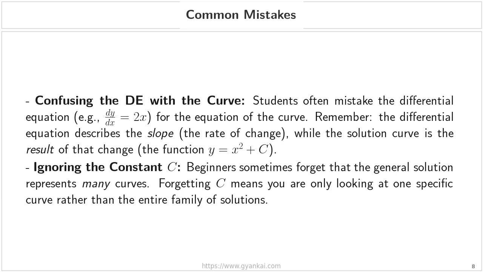It is a very common mistake for beginners to leave the c out of their final answer. If you forget the c, you are essentially looking at just one single, specific curve. But as we saw in our discussion about the family of curves, that constant is what allows us to represent an infinite collection of possible paths. Without the c, you lose the general part of your general solution.